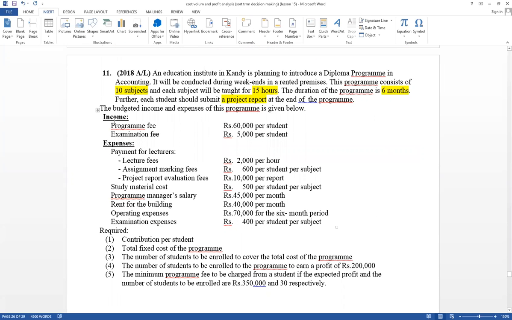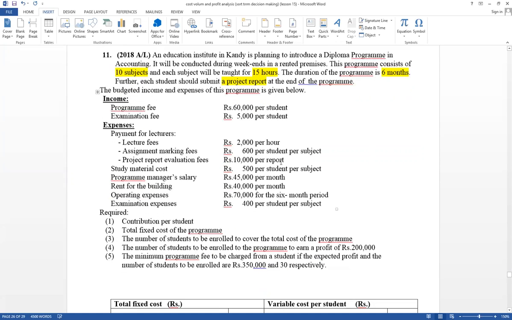As a selling price we have to consider fee per student.